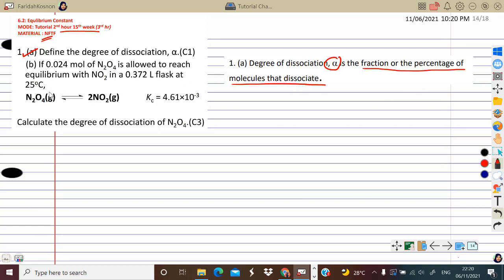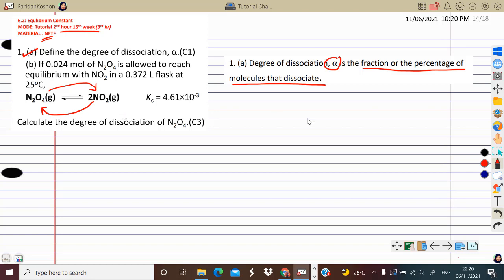Sama ada kita refer kepada forward reaction ataupun untuk reverse reaction. For example, kalau saya nak tanya nanti in the following question, berapakah degree of dissociation of N2O4? Maksudnya saya nak tahu berapakah pecahan N2O4 yang dissociate ataupun tercerai menjadi NO2.